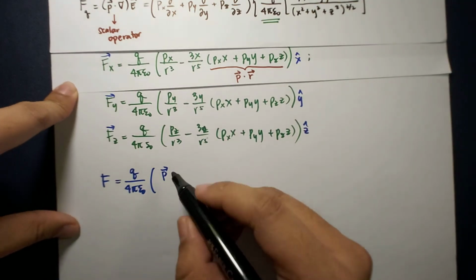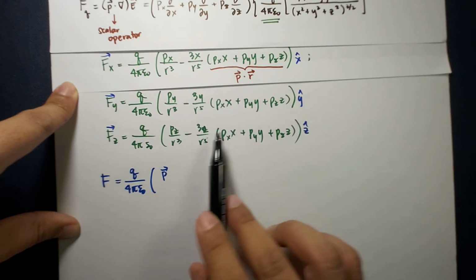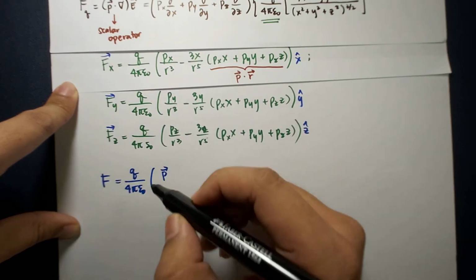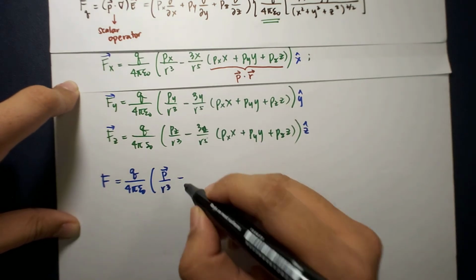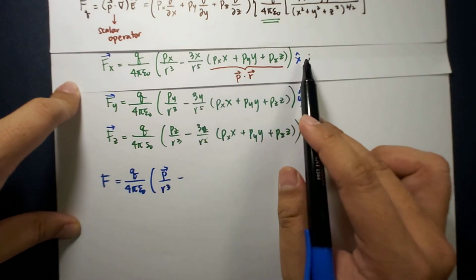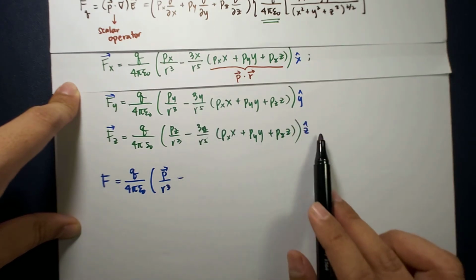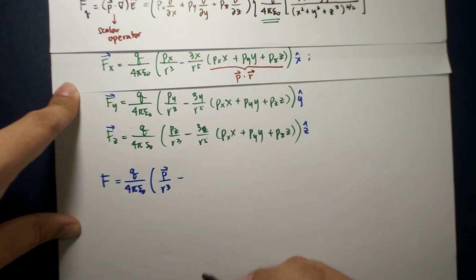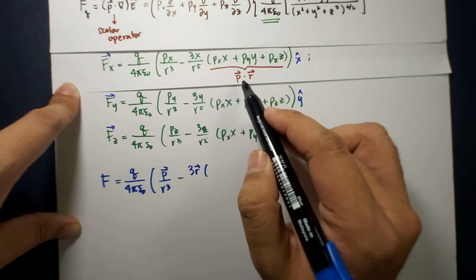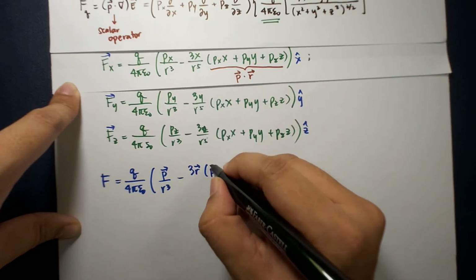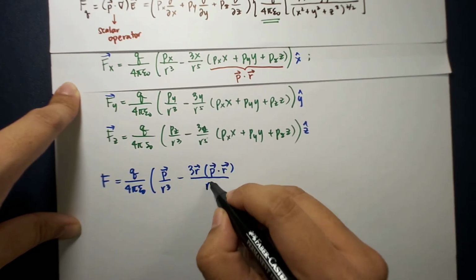So this is Px x hat plus Py y hat plus Pz z hat, which is just P. And then their common factor is 1 over r cubed. And then minus 3x x hat plus 3y y hat plus 3z z hat, which is 3r. And then this common factor, that's P dot r, divided by r to the fifth.